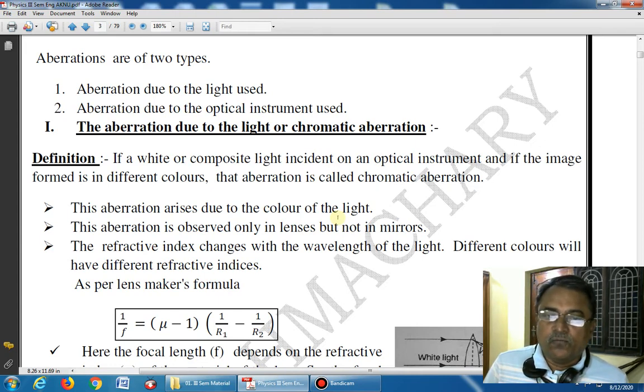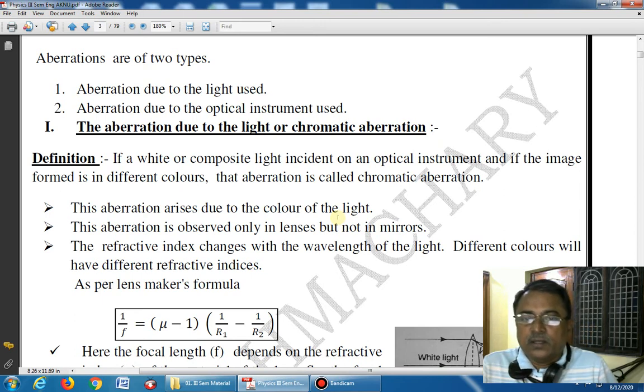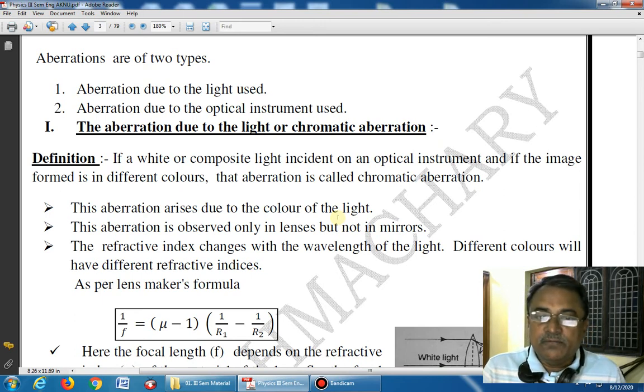Because when a white light or a composite light is incident on a lens, it takes deviation when passing through the lens or emerging out from the lens. This deviation in the path of light when it enters from one medium to the other medium is called the refraction.